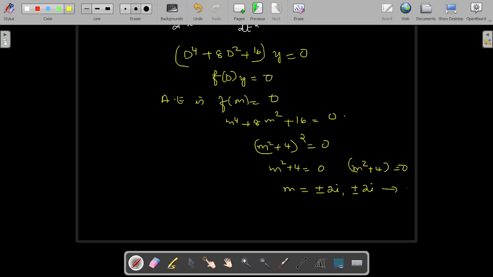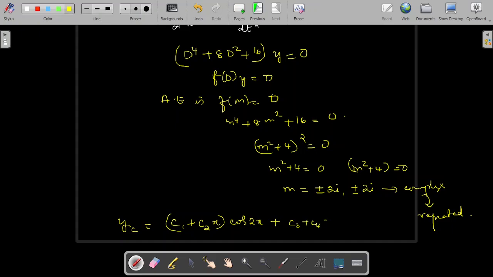So now the roots are complex, but along with that they are repeated. So how to write the complementary function? Yc equal to, for the repeated roots, you have to write c1 plus c2x into cos of 2x plus c3 plus c4x into sine of 2x.